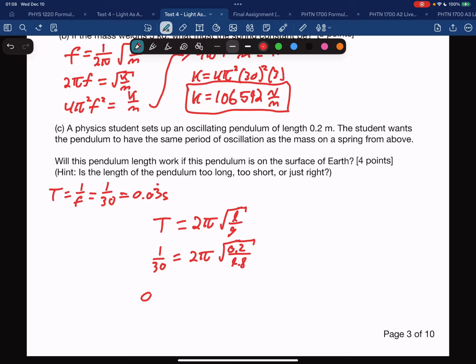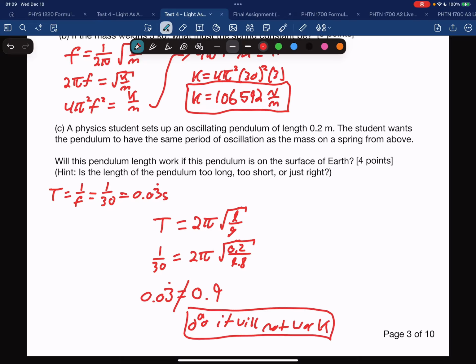Writing these both in decimal form, and I'll go ahead and round here, I get about 0.9 on the right. So therefore, these are not equal, and therefore, it will not work.